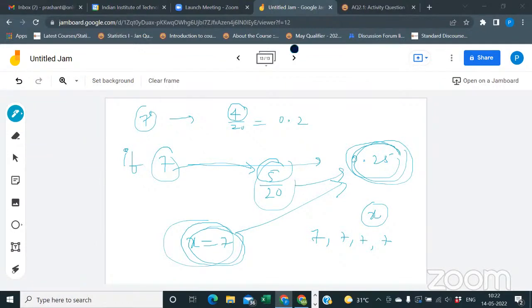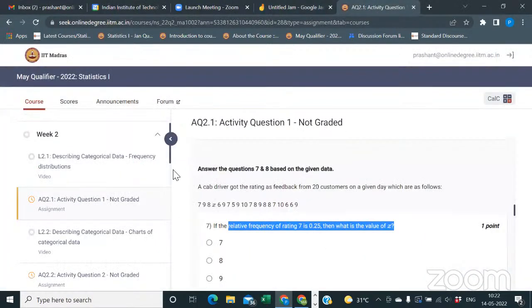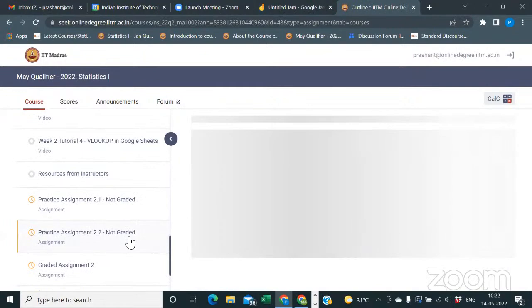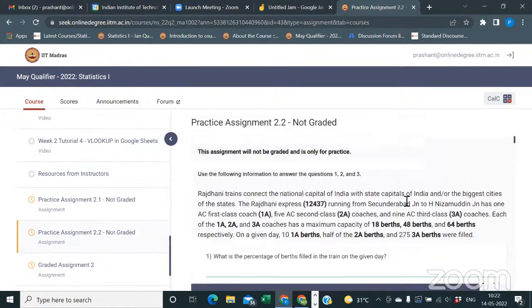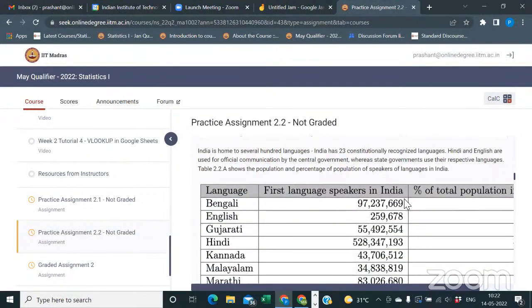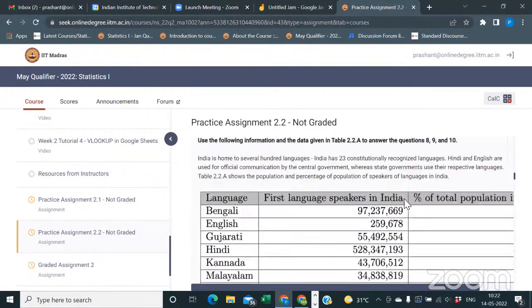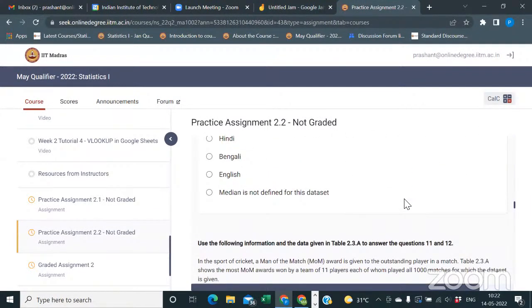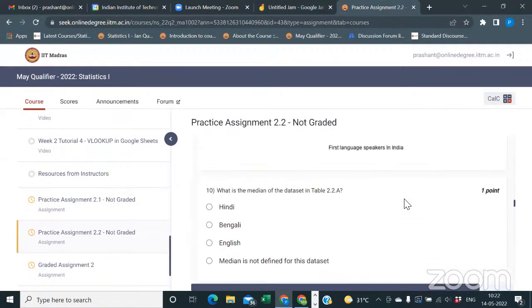Anybody, any questions? So, practice assignment 2.2, question number 10. Why is the median not defined for this data set?